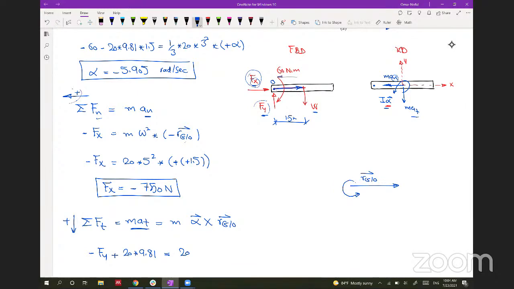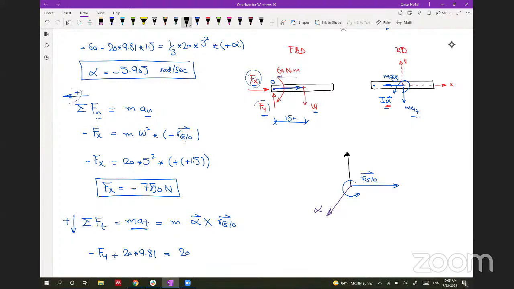So using the right-hand rule, this is the alpha direction. Multiplying your alpha by your r_G with respect to O, it will give you something like this, and this will be the direction, and this will be in a negative direction.